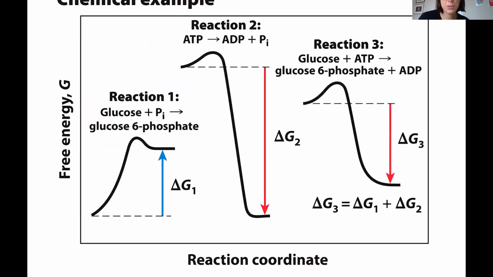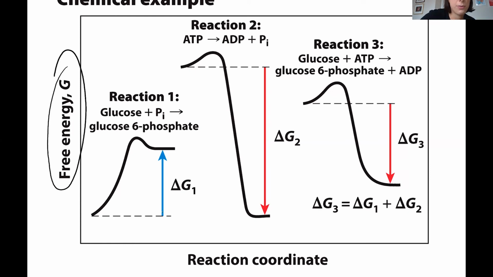So here's an example of looking at coupling those reactions, what it actually looks like on an energy diagram. You'll be seeing these energy diagrams. So this is the completion of the reaction going from starting to finish. And we're measuring the delta G, that change in energy as a reaction goes.